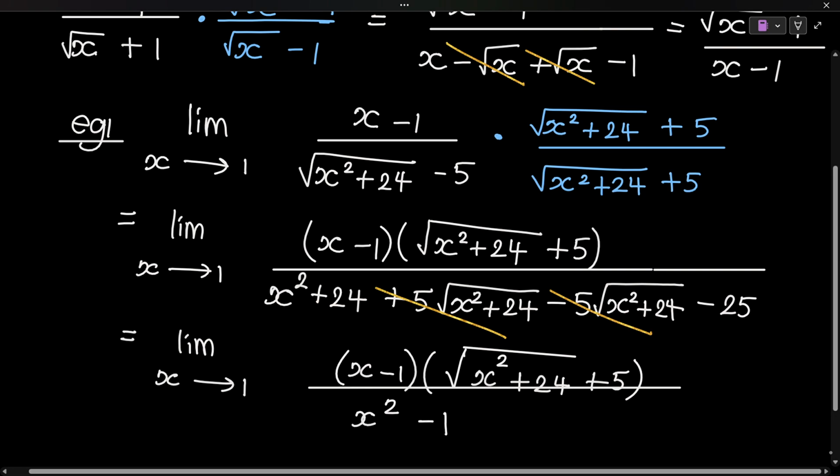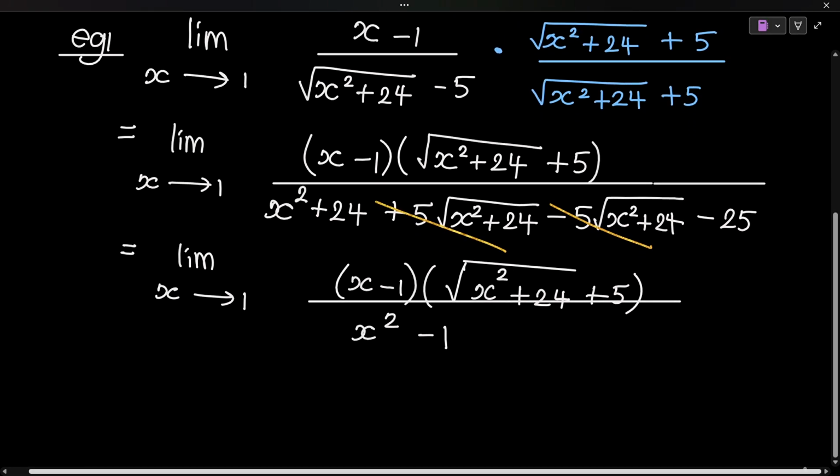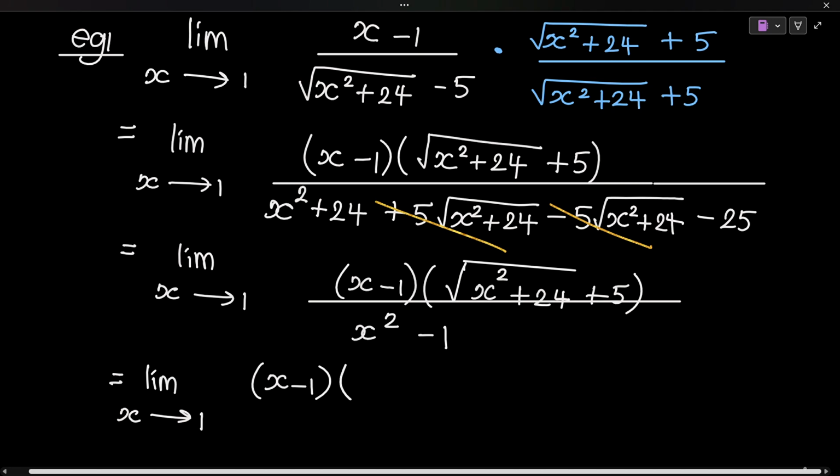So we had plus 24, minus 25. That gives us negative 1. Now our next step is to factorize wherever possible. So notice that your denominator is in the format of difference of two squares. So that has to be factorized.